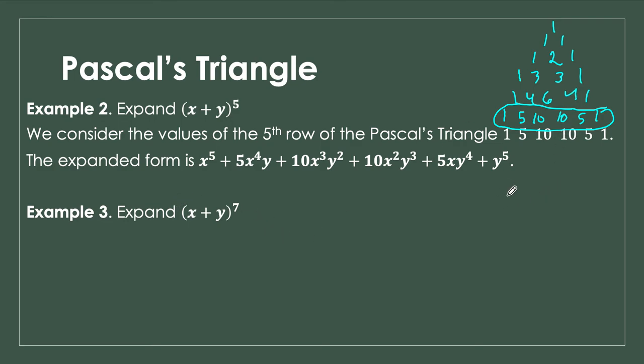Let's continue this. So we have 1, 1, 1, 1, 2, 1, row 2. We have row 3 here, row 4, row 5, row 6, and row 7.